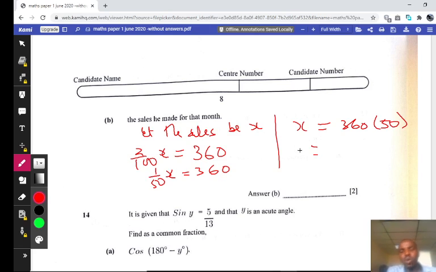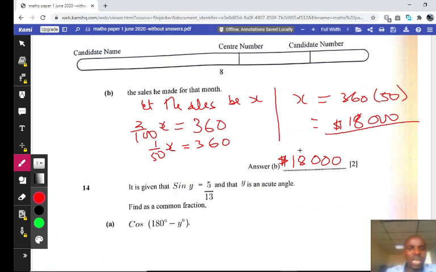So what will be your X? 360 times 50, you get 18,000. So the sales for this guy on this month was 18,000. So these were the sales that we made during this month.